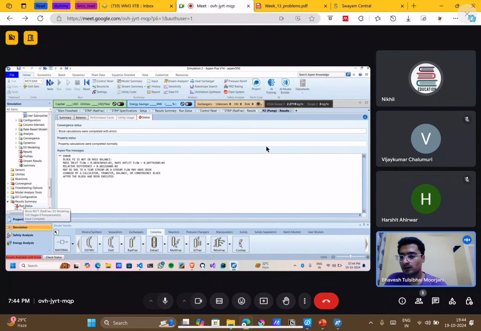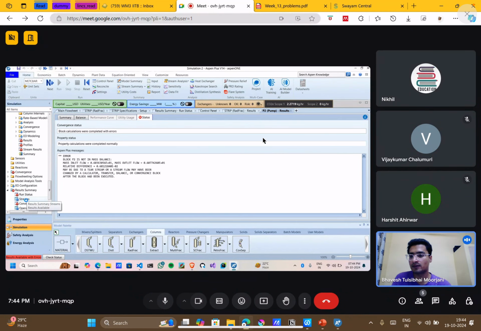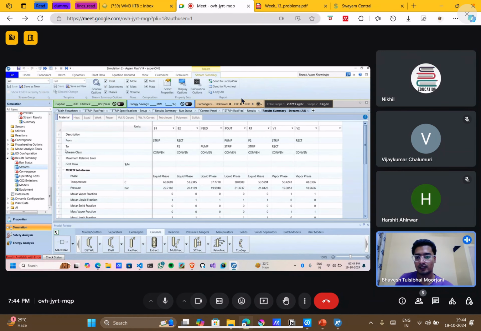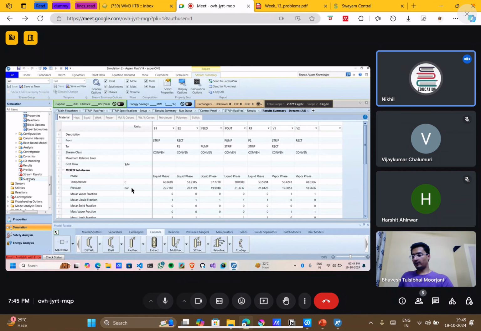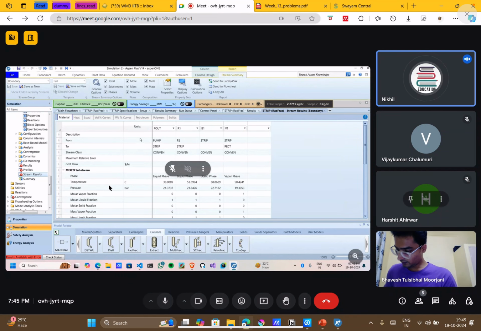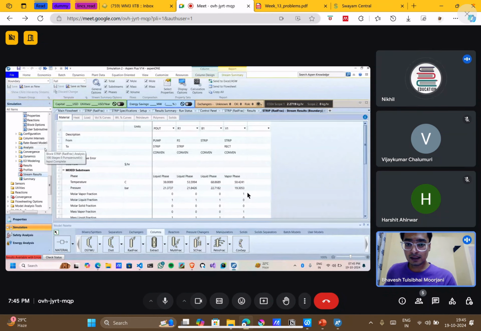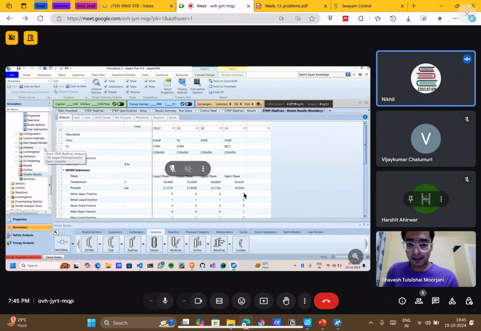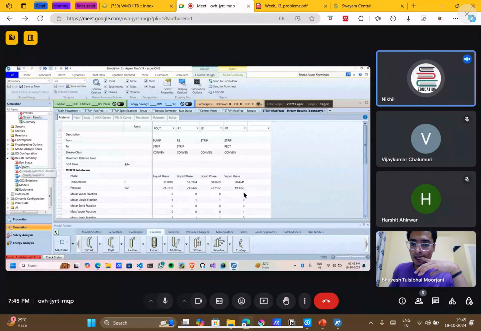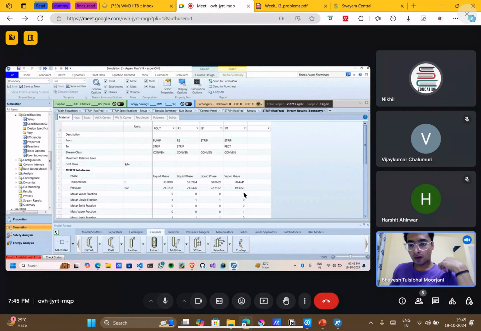Still go down. Yes. You can see the stream summary. Okay, this is also fine. Let it be. So we had V1 coming inside. Can you look at the pressure of V1? It is 19.3 bar. Okay, and it is entering at the bottom.